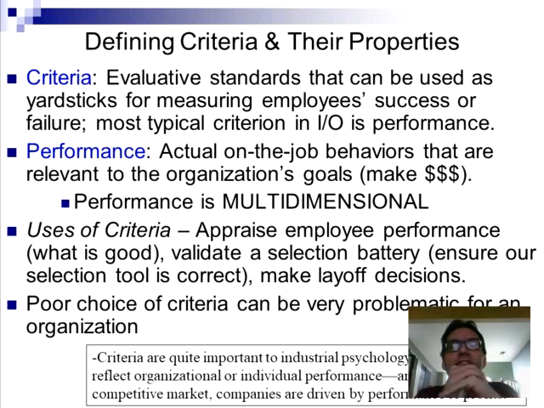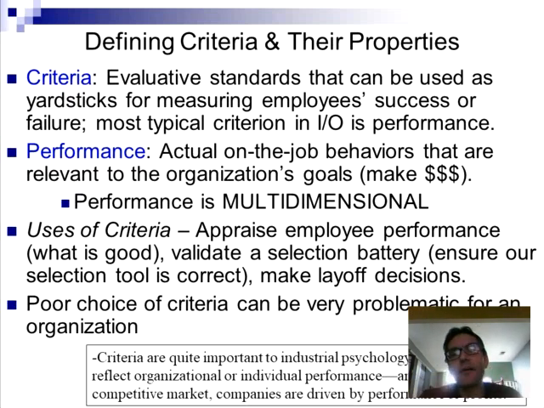So a criterion, as a definition anyway, is an evaluative standard that can be used as a yardstick for measuring employee success or failure. The most common criterion is performance, but we're going to talk a little bit about performance because ultimately, performance in an IO psych sense is, does this employee make me money, right?